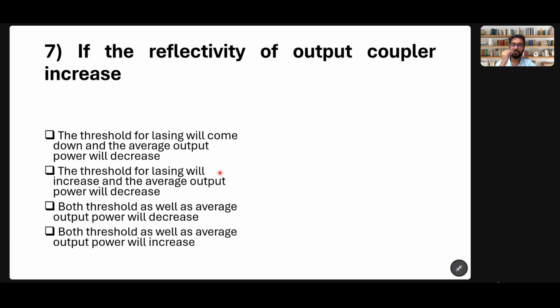So question number 7, if the reflectivity of output coupler increases, what happens? The options given are: threshold for lasing will come down, average output power will increase. Option B is the exact opposite of the first option with respect to a laser threshold, and option C and D are both threshold and average increases or decreases.